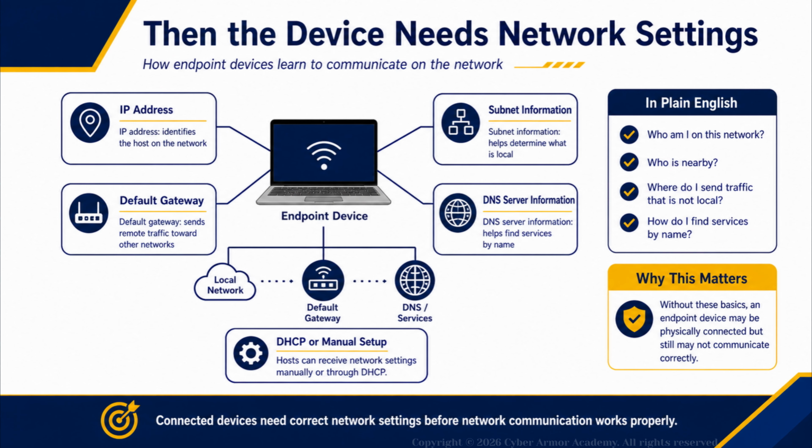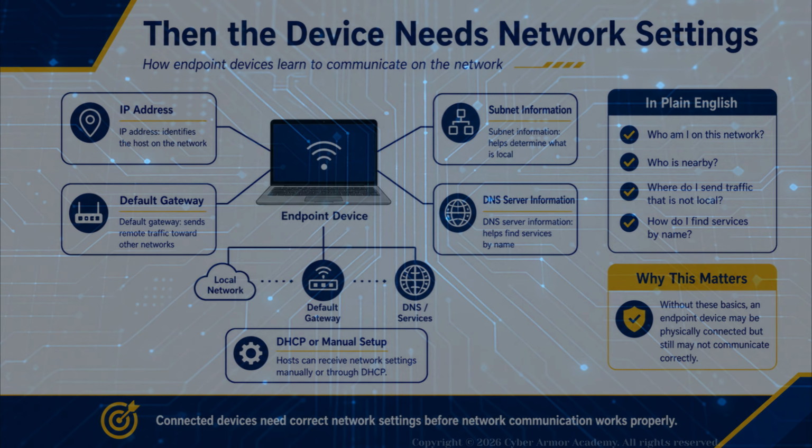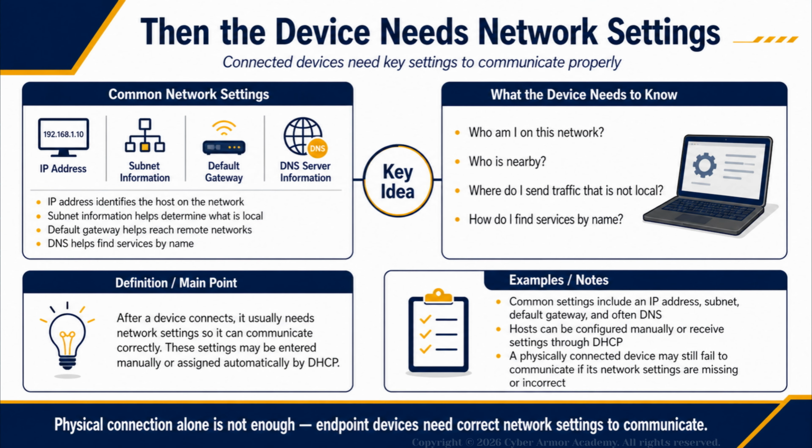Once the device connects, it usually needs network settings so it knows how to communicate properly. That often includes things like an IP address, subnet information, a default gateway, and often DNS server information. Hosts can receive addresses manually or through protocols like DHCP, and the default gateway is what helps devices reach remote networks.